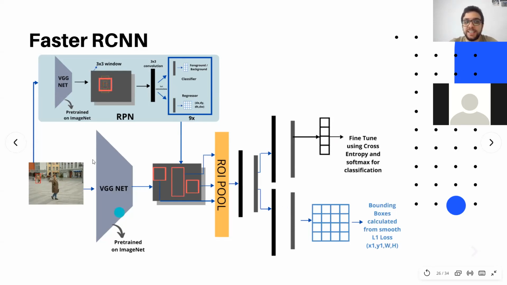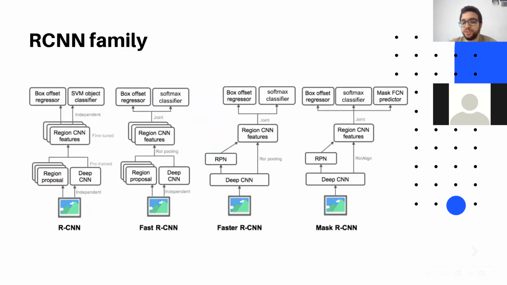Okay. So basically, again, for the VGG network, it's shared weights between RPN and your Fast R-CNN network. And basically, just to put everything in summary, we have R-CNN, which takes a region proposals algorithm, such as selective search, for example, and sends each one of these regions that are proposed by the algorithm through a deep convolutional neural network, and then that goes through a bounding box regressor independent from another SVM object classifier.